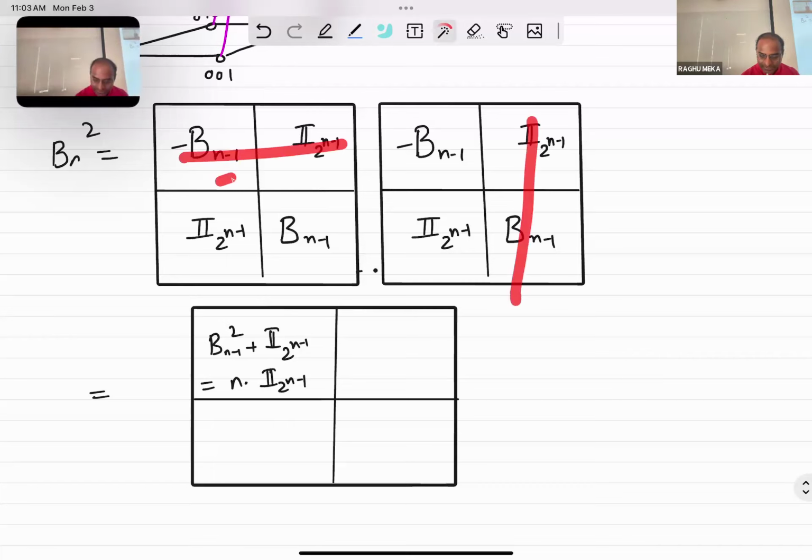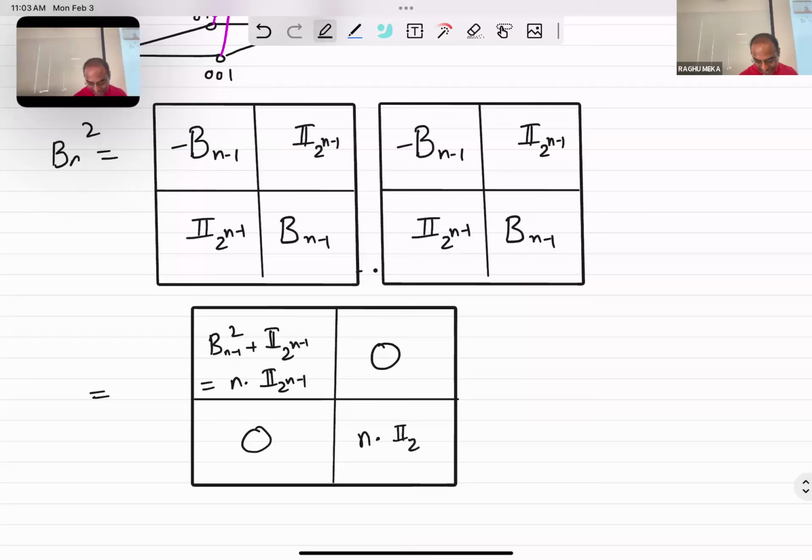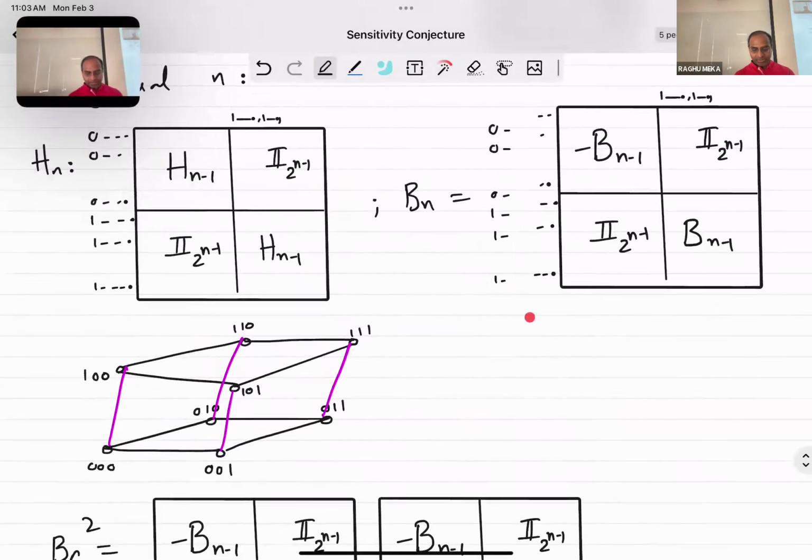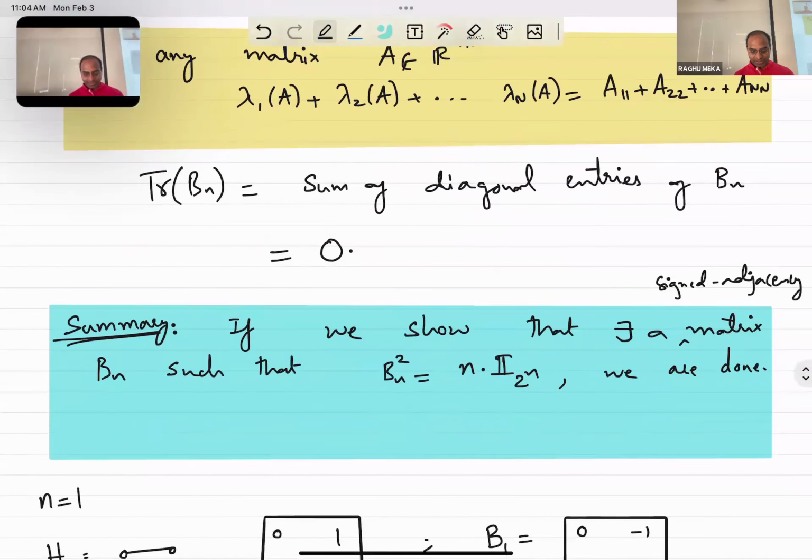And this is 0, and 0, n times identity. Okay. So just by this inductive construction, we do know now that there is a matrix which satisfies this constraint.